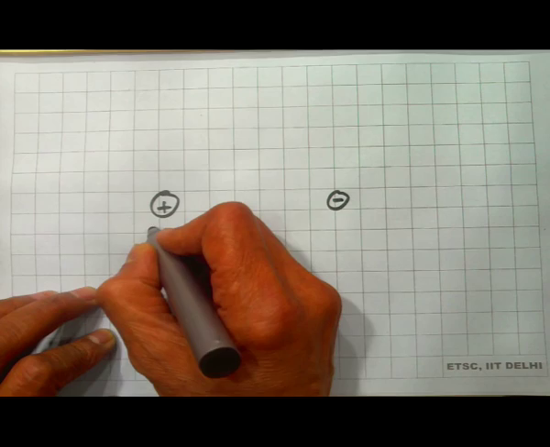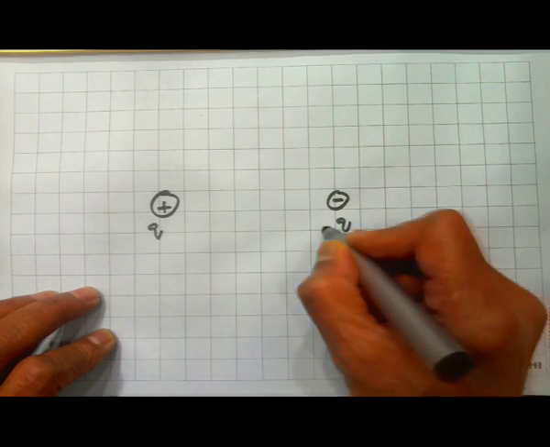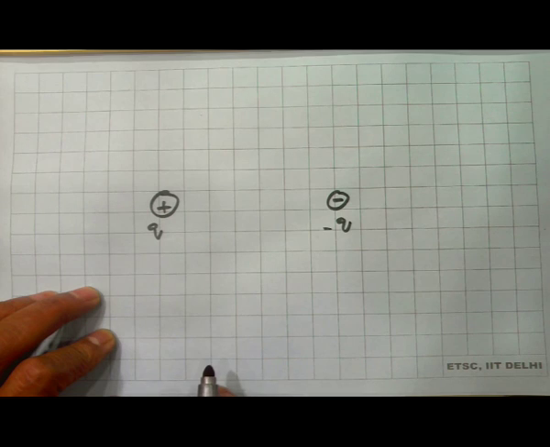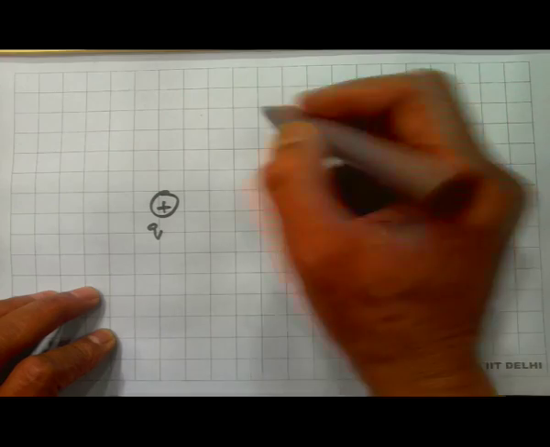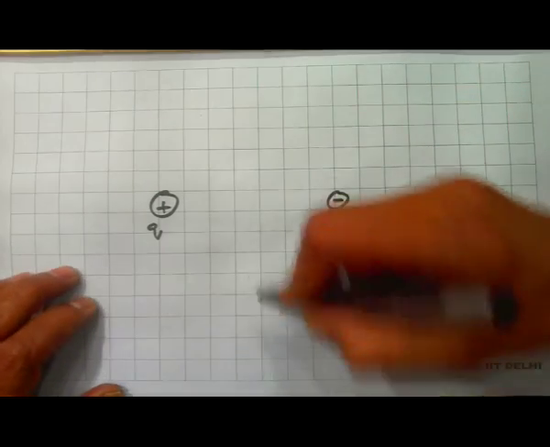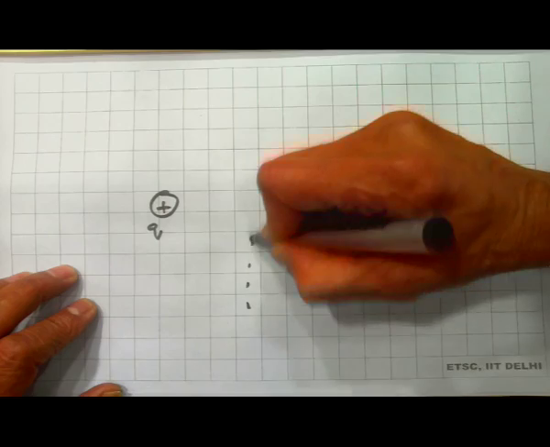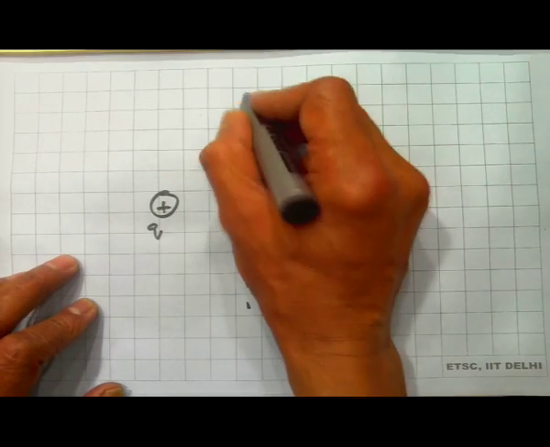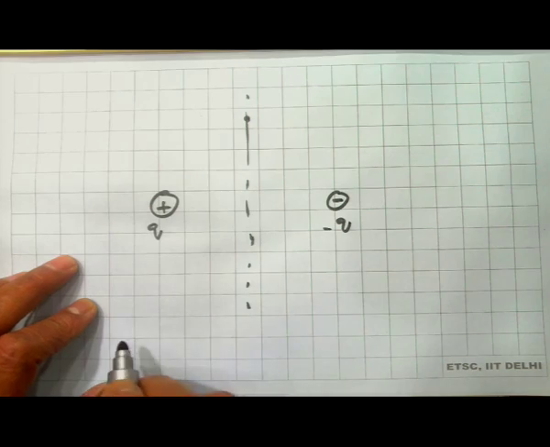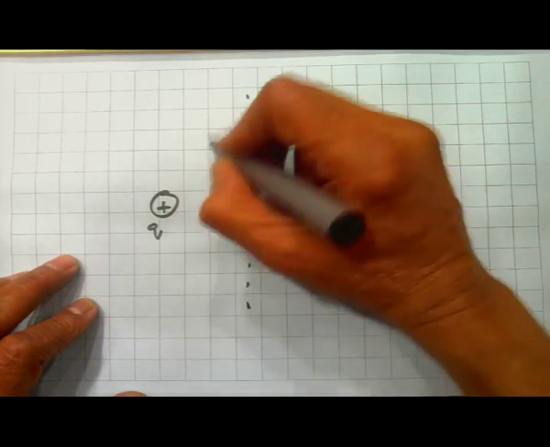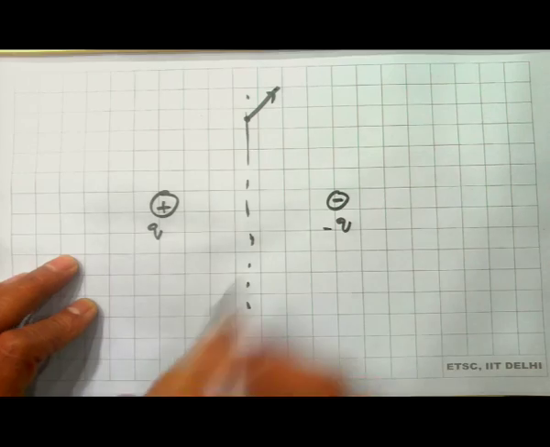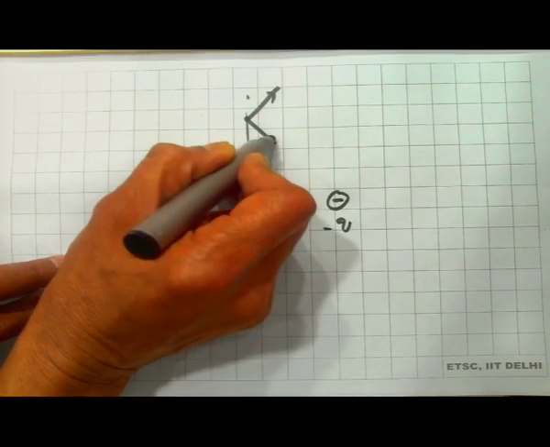Let me assume they have the same charge Q and Q. So now I want to draw electric field lines. Let me draw a line here, which is the midway line. So I take a point here. At this point I know that this positive charge creates an electric field like this, and the negative charge creates an electric field like this.